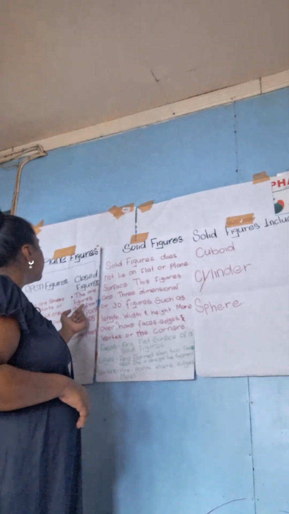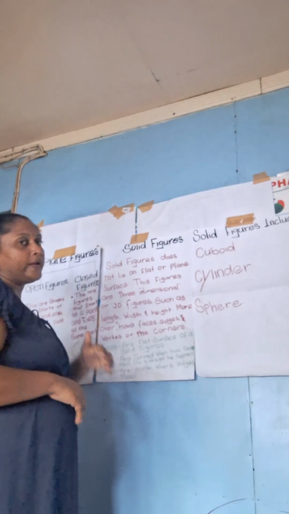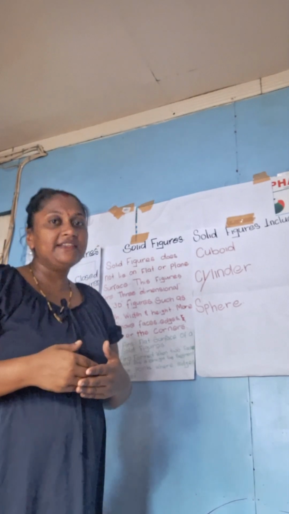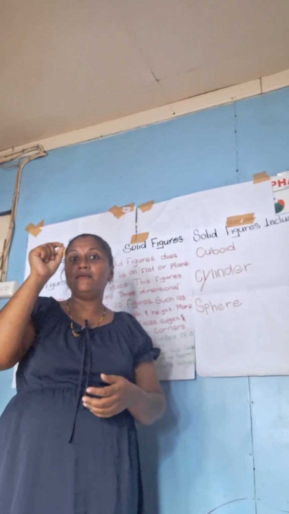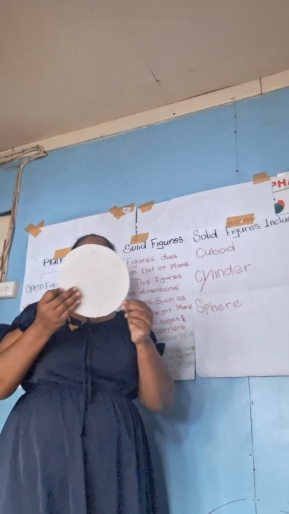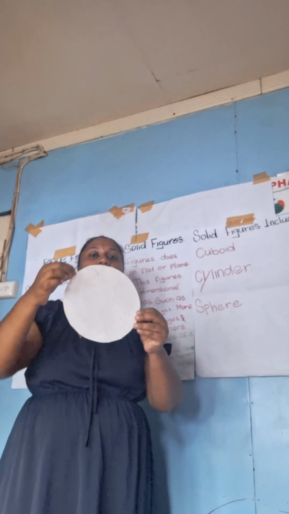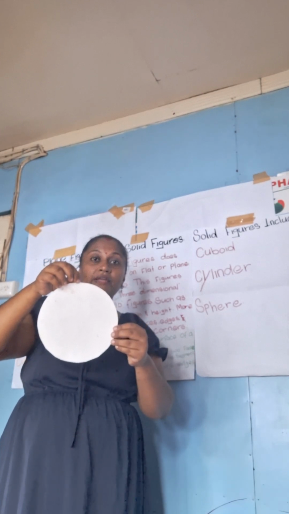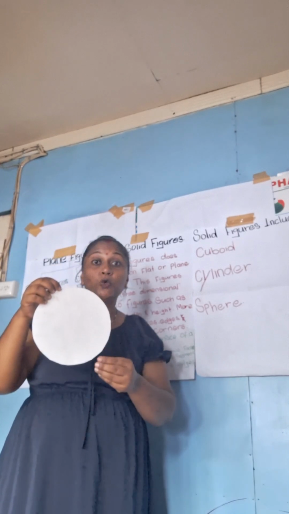These are figures that start at a point and end at the same point. For example, if we draw a circle, we draw it from here right to that same point where we started, without lifting our pencil. So it's a closed plane figure.